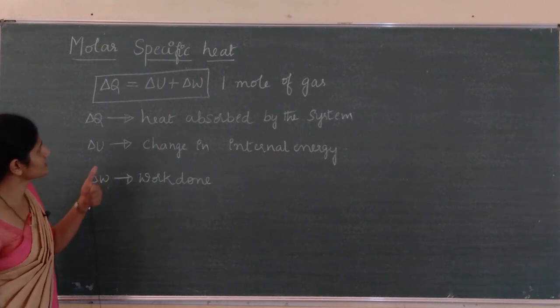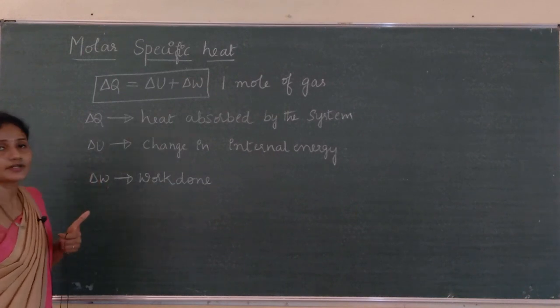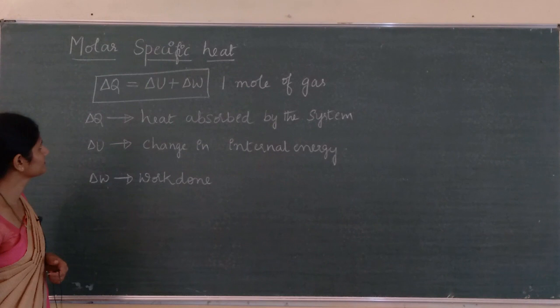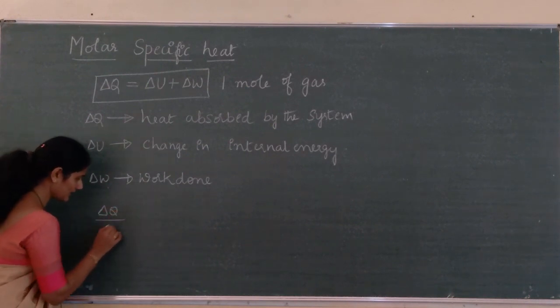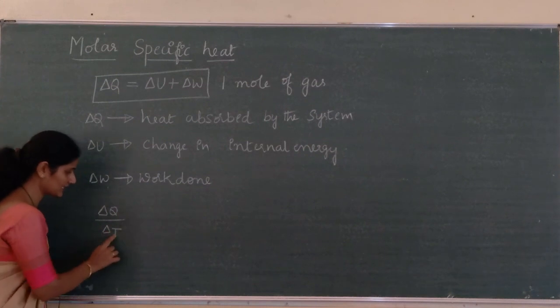Let us divide this equation by delta T and see what happens. Delta Q divided by delta T, where delta T means change in temperature.